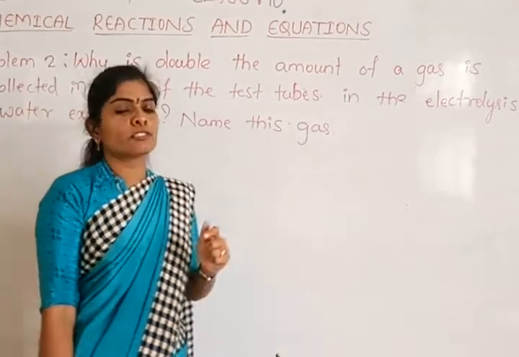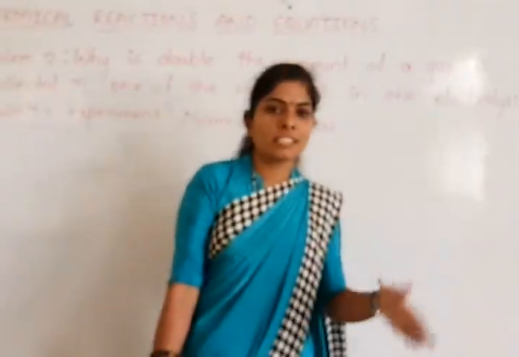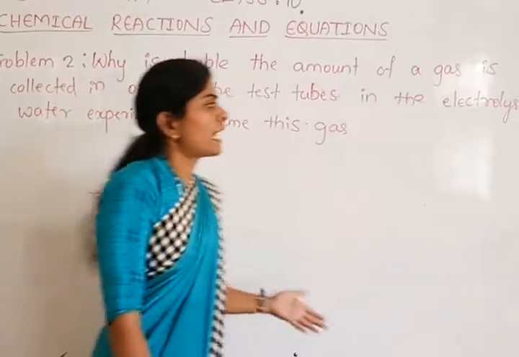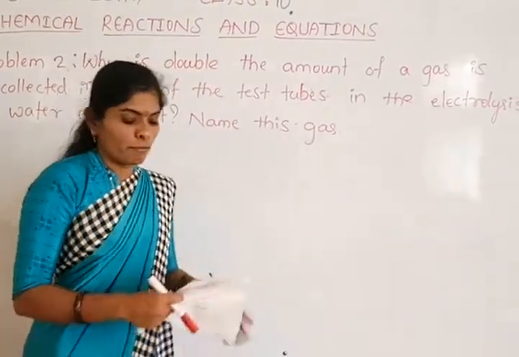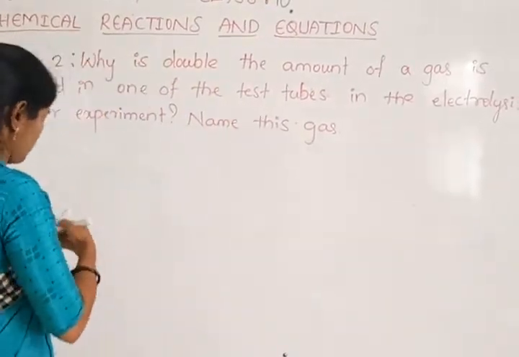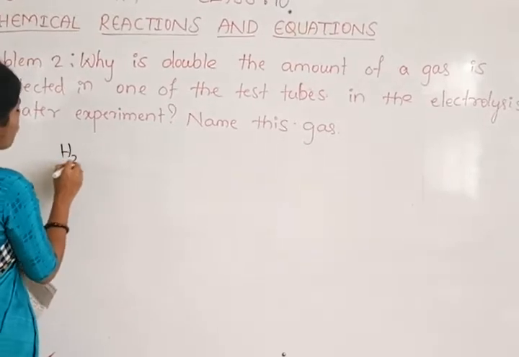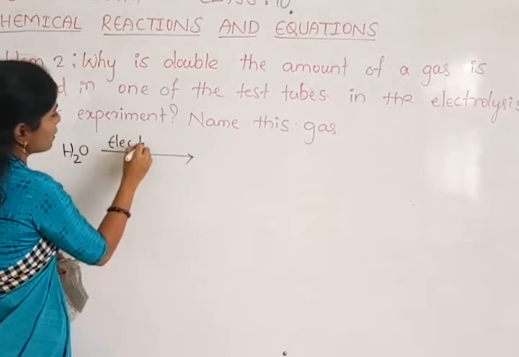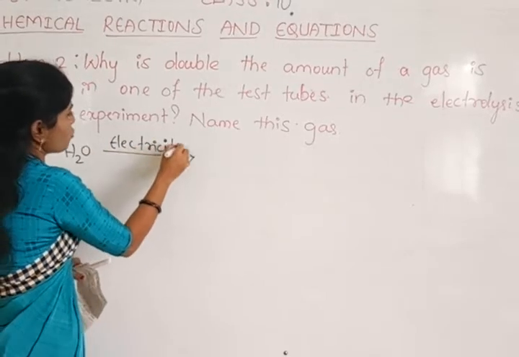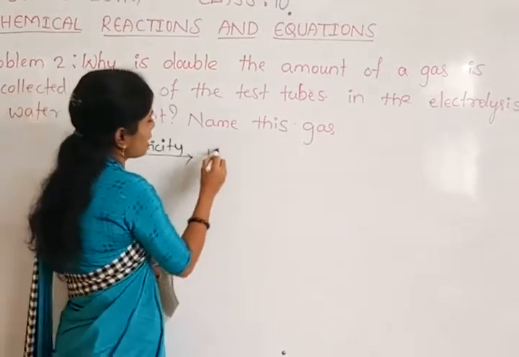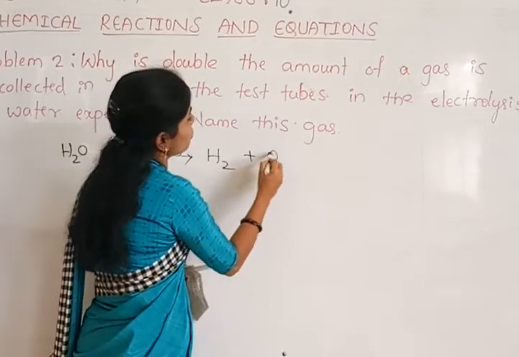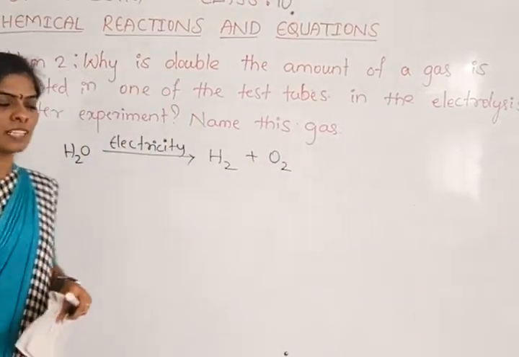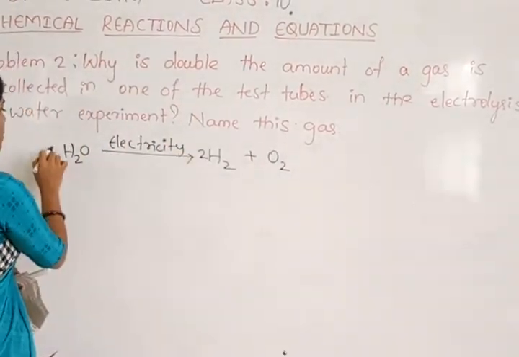In electrolysis of water, when water breaks down, I will write the equation here. When water undergoes decomposition by electricity, what are the products formed? H2 and O2. Yes. To balance the equation we can write this. So this is the equation.